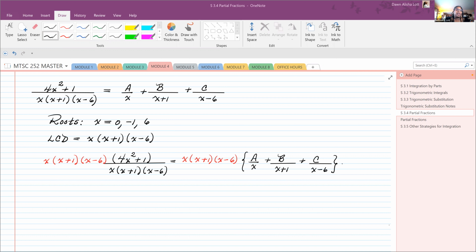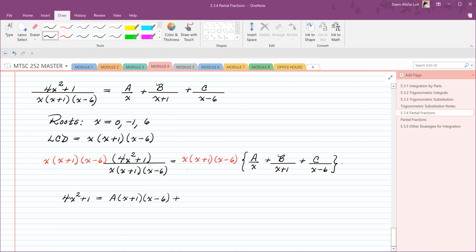Prentice, what's the major equation? Writing it out right now, but is it 4x squared plus 1 equals A times (x plus 1) times (x minus 6)? Okay, keep going.